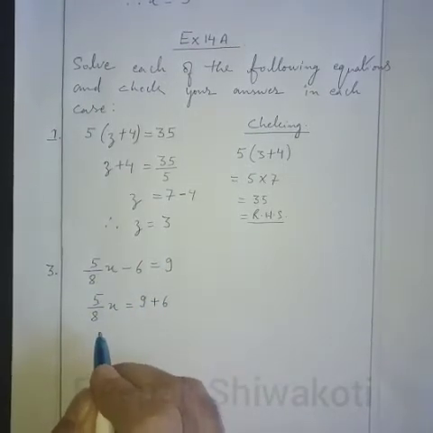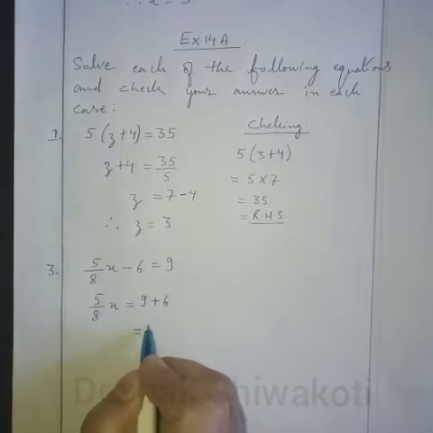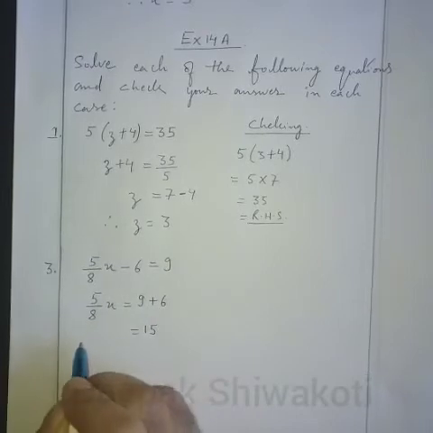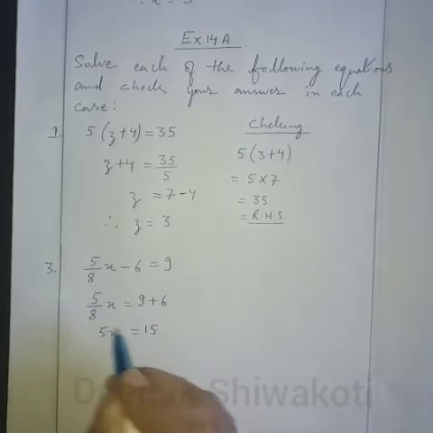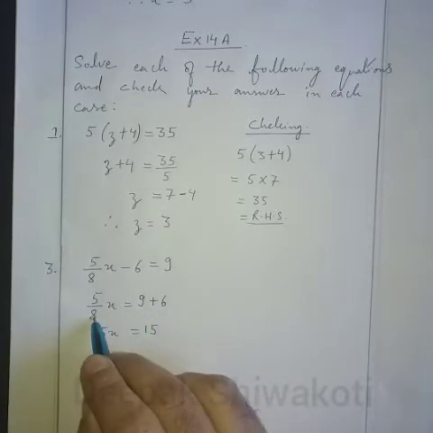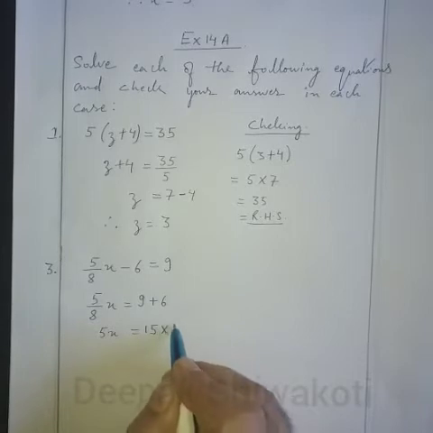These two together give us 15. And for 5x, this 8 comes to this side. It was dividing on the left hand side, so when it comes to the right hand side it will multiply.